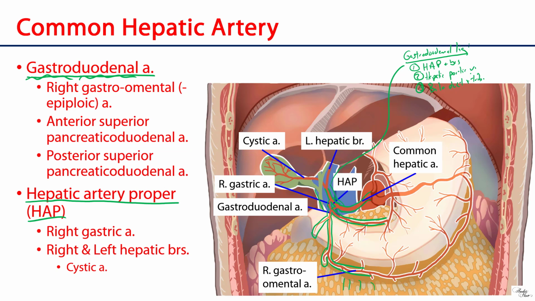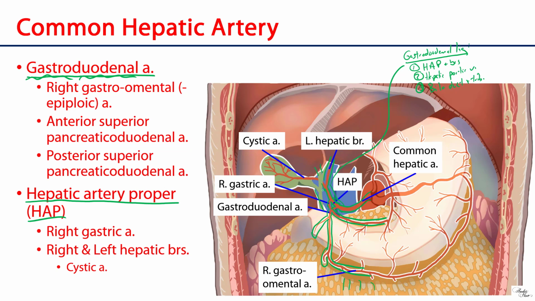So let's follow the hepatic artery proper. It's actually going to branch into hepatic branches. So there's a left hepatic branch, and we can't see it. It's occluded here by the biliary tree. But there's also a right hepatic branch.